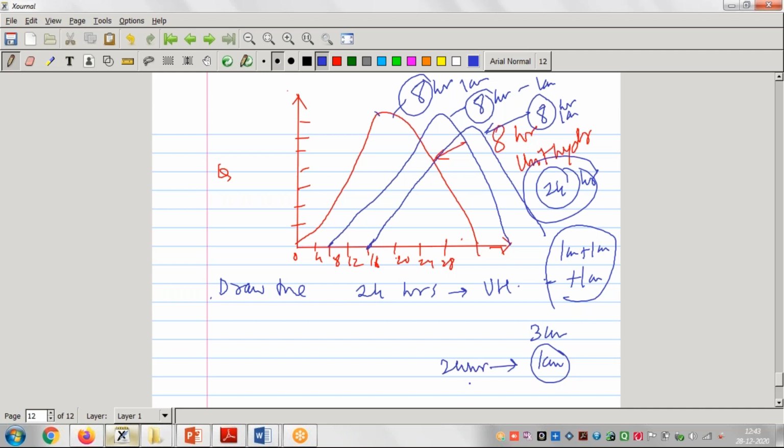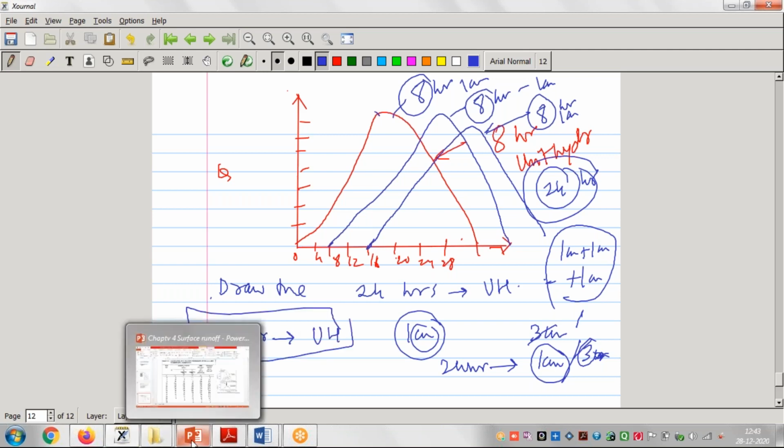So whatever ordinates I get, I simply divide by 3 centimeters. The 3 will cancel, and I will get ordinates for 1 centimeter rainfall depth, and the 24-hour unit hydrograph will be obtained. Is my point clear to you?